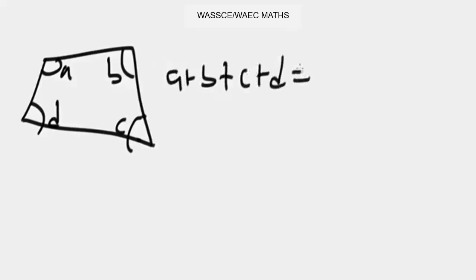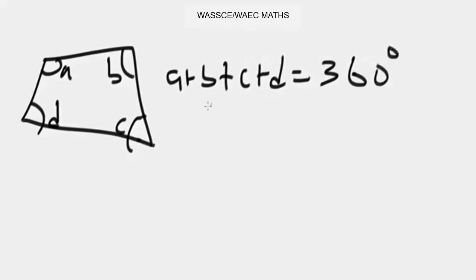This is angle A, angle B, angle C, and angle D. This is a typical quadrilateral. So angle A plus angle B plus angle C plus angle D add up to give 360 degrees.